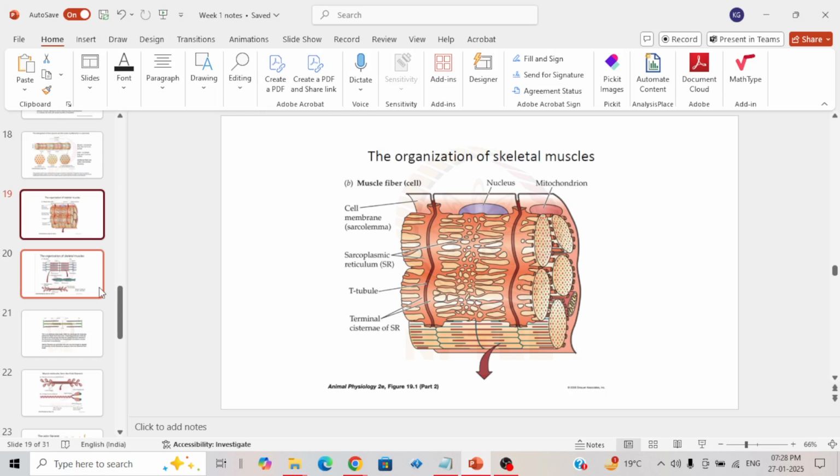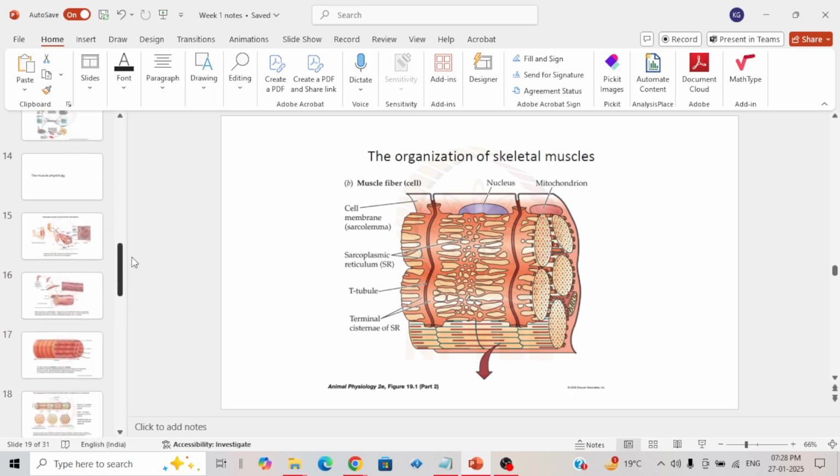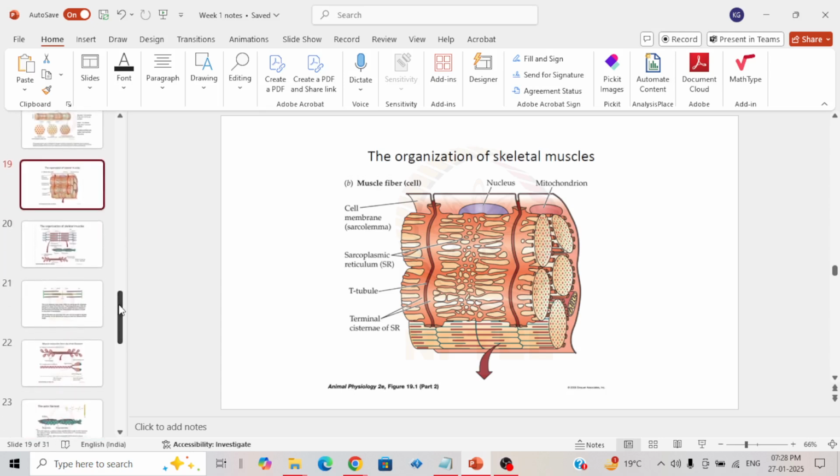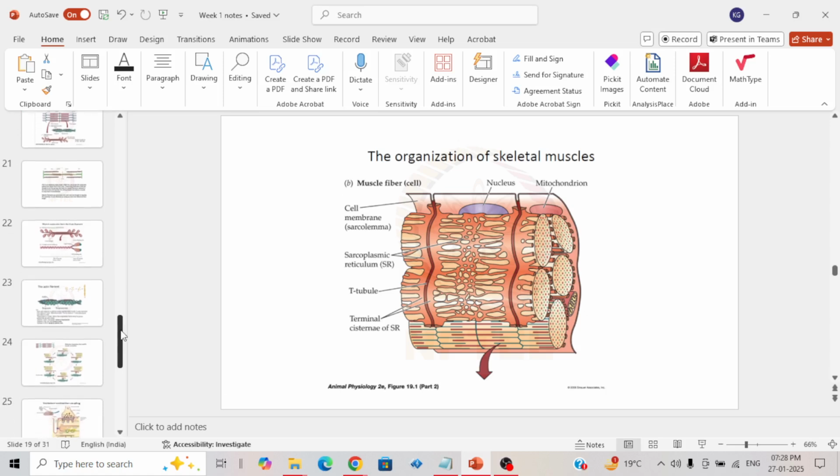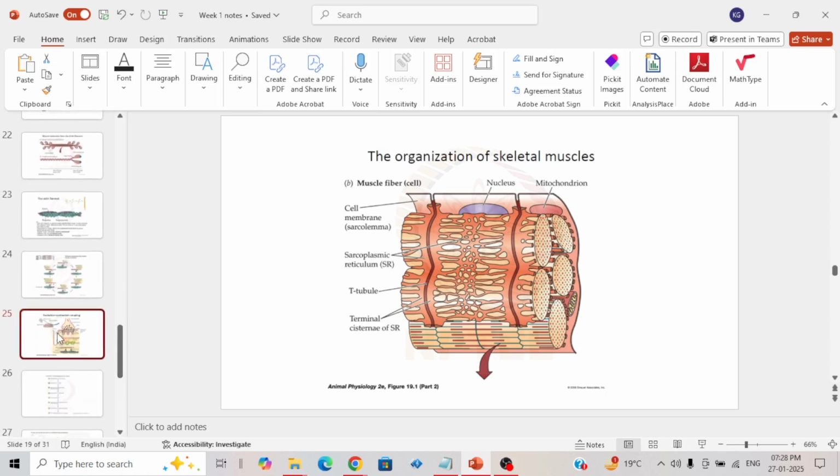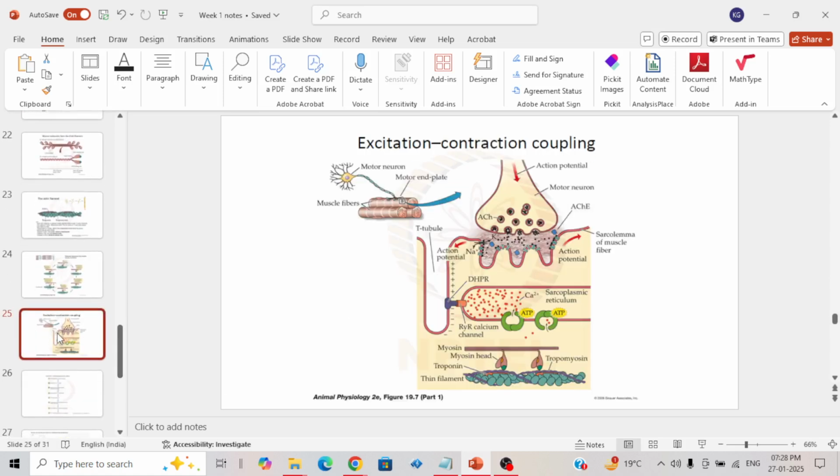One more thing I want to add: do you remember the neuromuscular junction, where we have the acetylcholine receptors in the postsynaptic membrane, which detect the acetylcholine and then open the voltage-gated channels? These are nicotinic acetylcholine receptors.